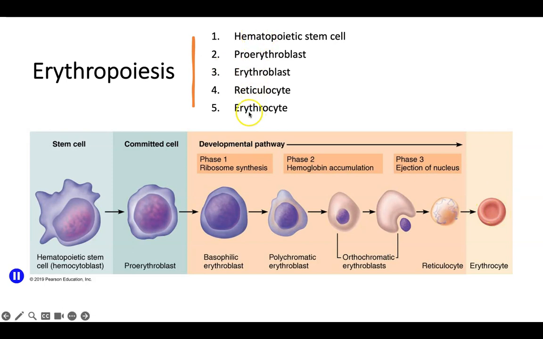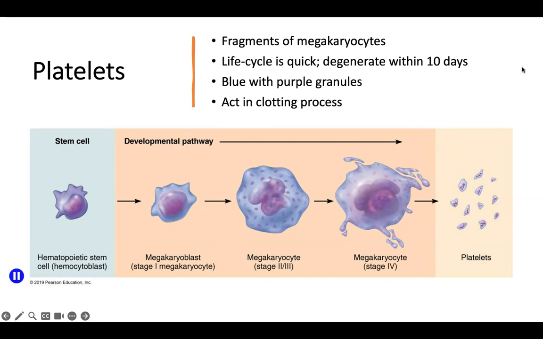So the big note here, 5 steps. You've got that hematopoietic stem cell into the proerythroblast. And then the erythroblast is where you have a lot of that development happening, including and up to the ejection of the nucleus. And so after that ejection of the nucleus, it's the reticulocyte, and then finally mature erythrocyte.